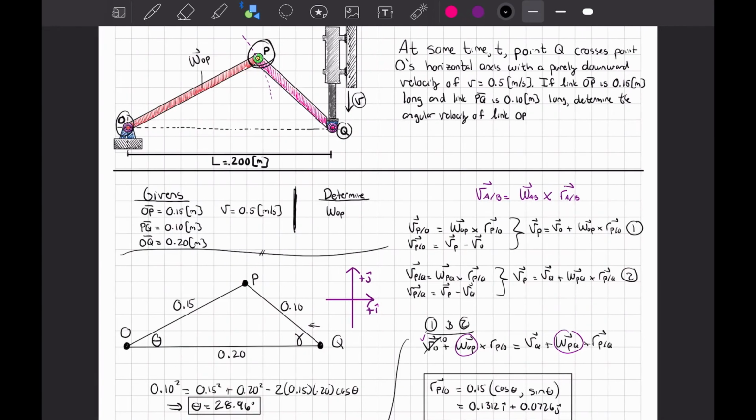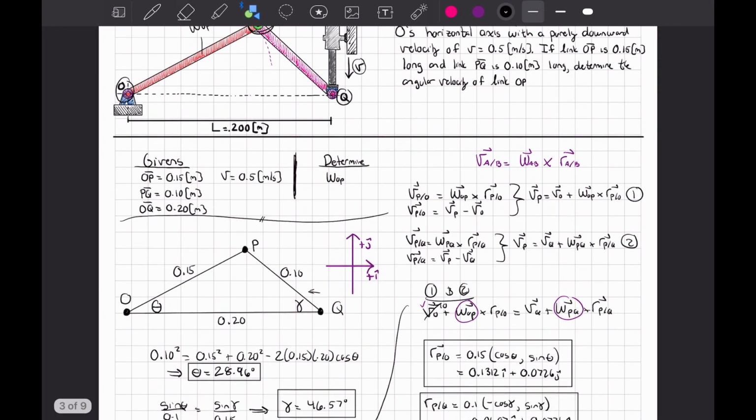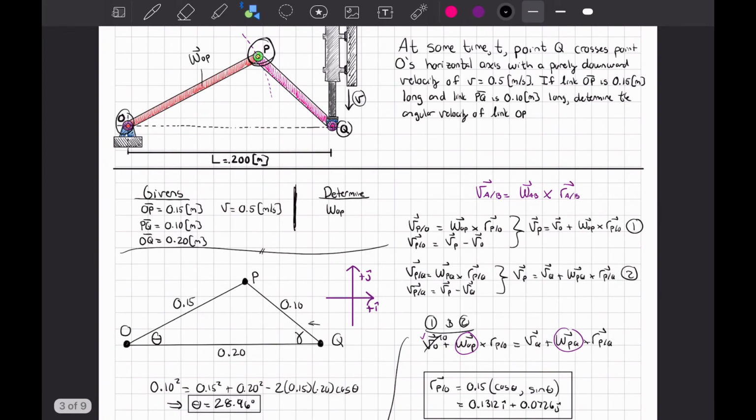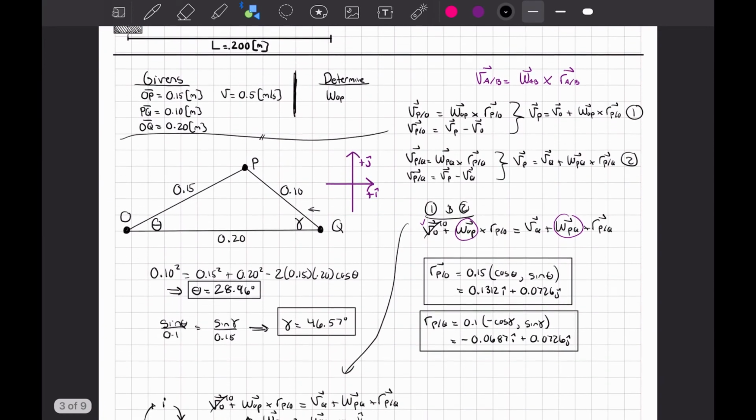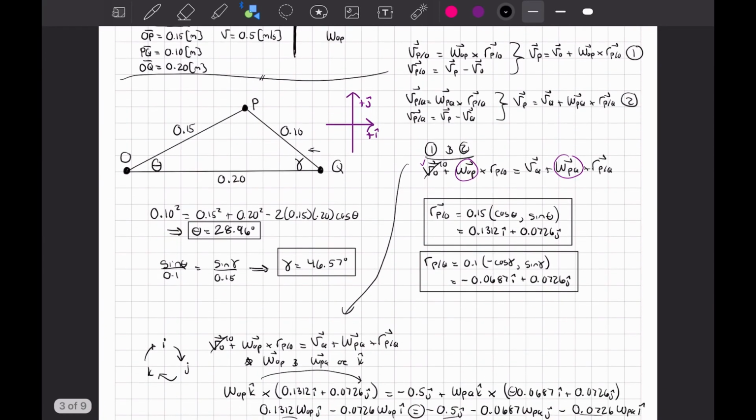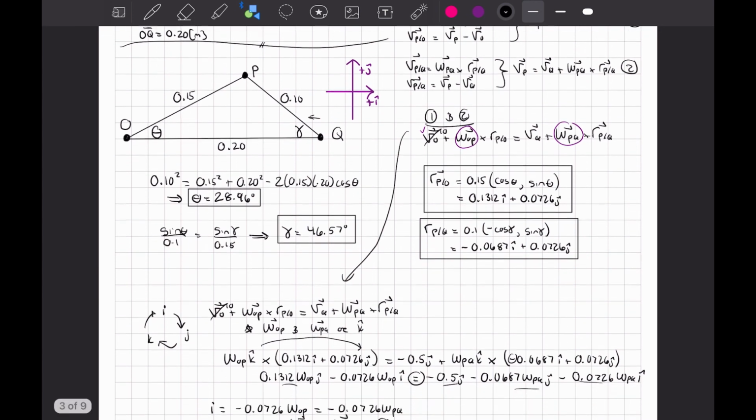And because point P was constrained on both links, OP and PQ, we were able to set those two equations equal to each other from equations 1 and 2. And then we essentially just plugged and chugged with our geometrical data to get equation 3.